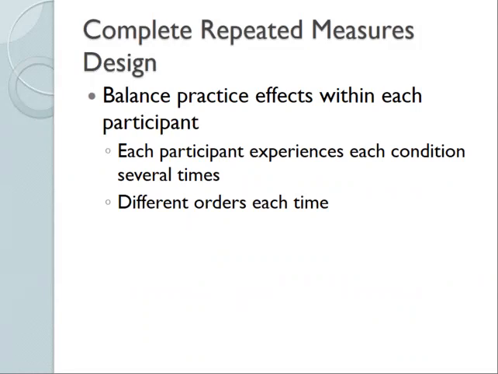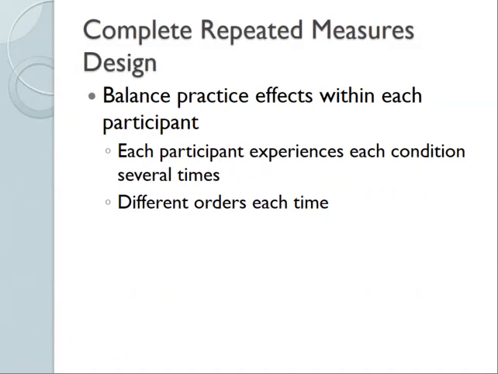So the thought is that their responses are going to change with repeated testing. So it could change in a couple of different ways, right? Their responses could get better. If you're measuring something like reaction time, they might get quicker as they get more practice. In contrast, their responses could also get worse. So if you're asking them to fill out a questionnaire or something, they could get bored and stop focusing.